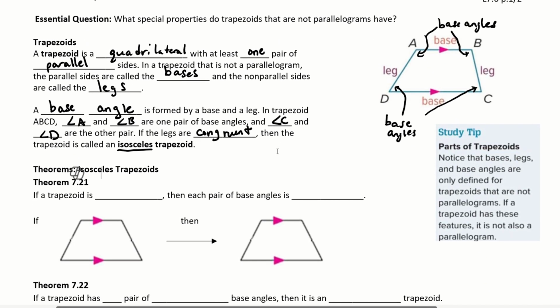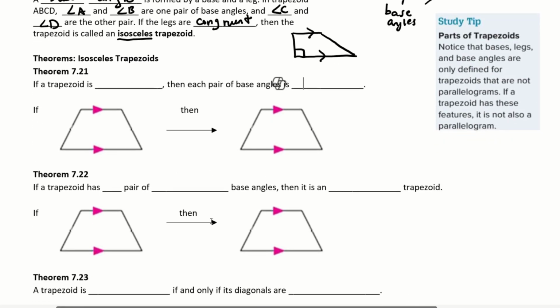So I could have something that looks like this, right? And that would be a trapezoid, as long as these two are parallel, right? So just keep in mind, you could have something like that, and that would be a trapezoid.